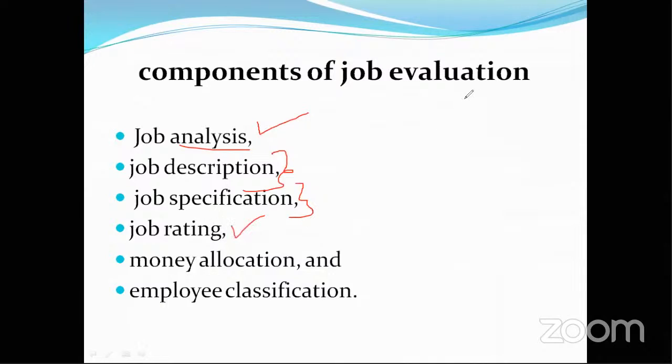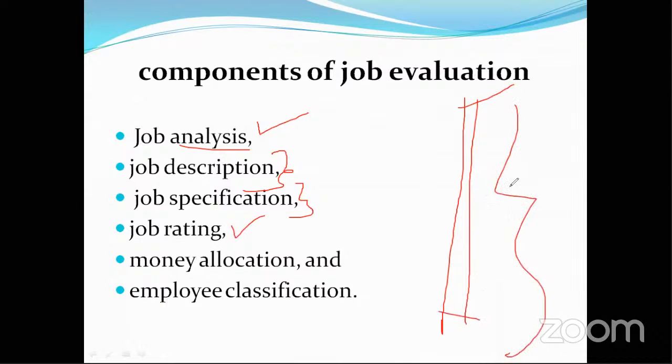And rating, in rating scale you will check top post whose and last post whose, in between who should come, everything we are going to decide. And money allocation for top post how much, for the least post how much should be paid, everything will be done. Employee classification means separation, this grade, second grade, third grade, fourth grade, like that. These are the components of job evaluation.